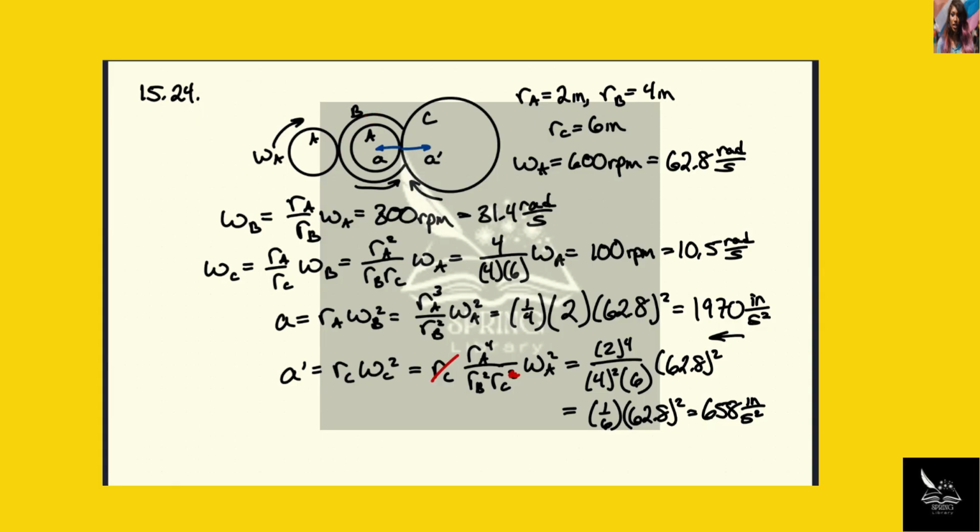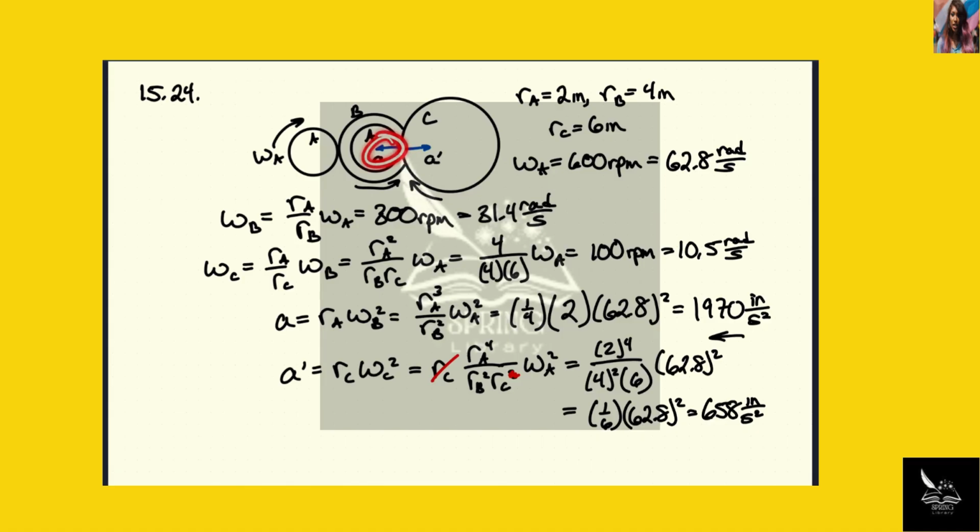They don't actually say that, but I assume. Oh, the points which are in contact. Okay, so yeah, I drew it here. These 2 points here. They want the acceleration of those 2 points on each of these gears.